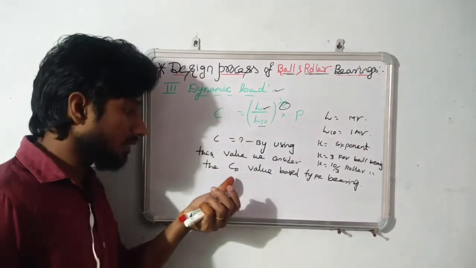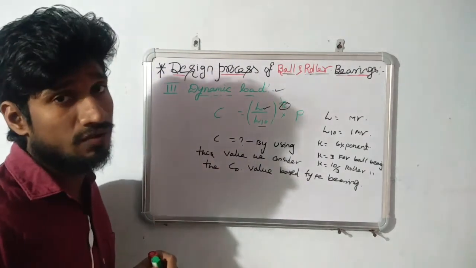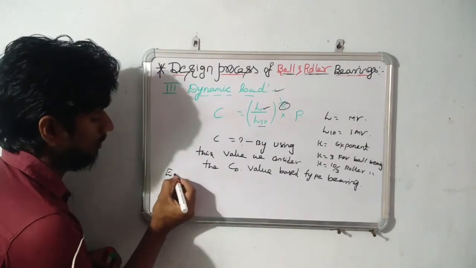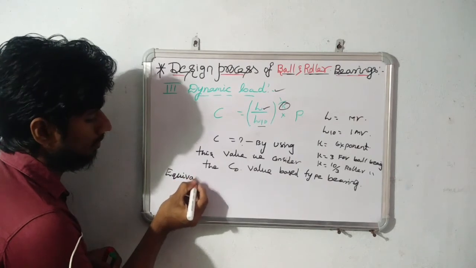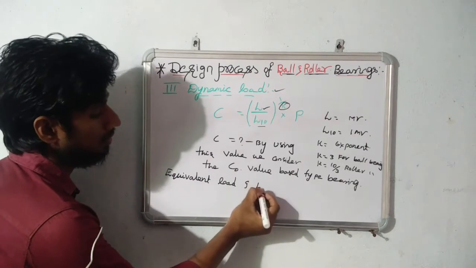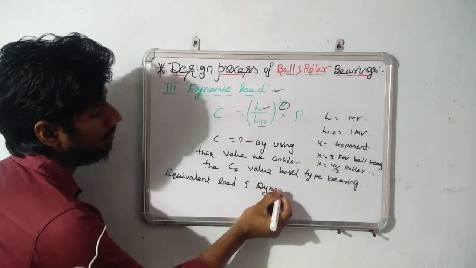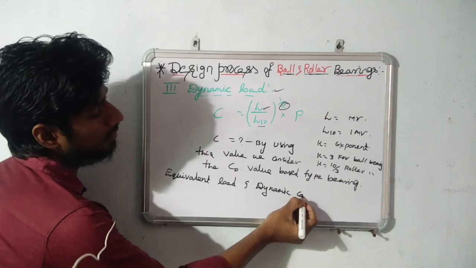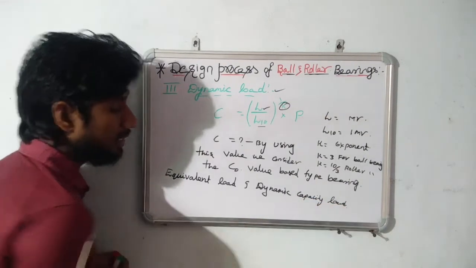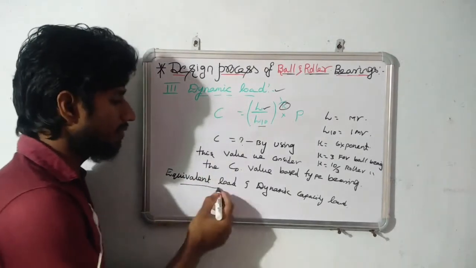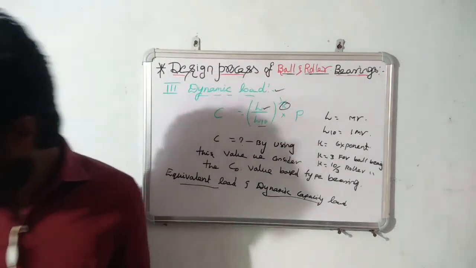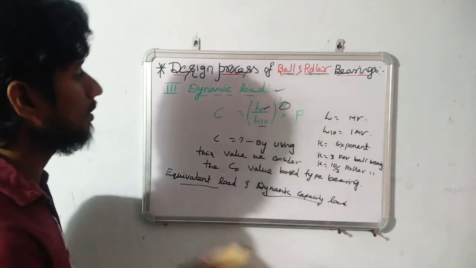When we get the C0 value, using that C0 value, again we are going to find the equivalent load and dynamic capacity load. So let's see how we are going to find again the equivalent load and dynamic capacity loads with the help of the C0 value. So let's see that.